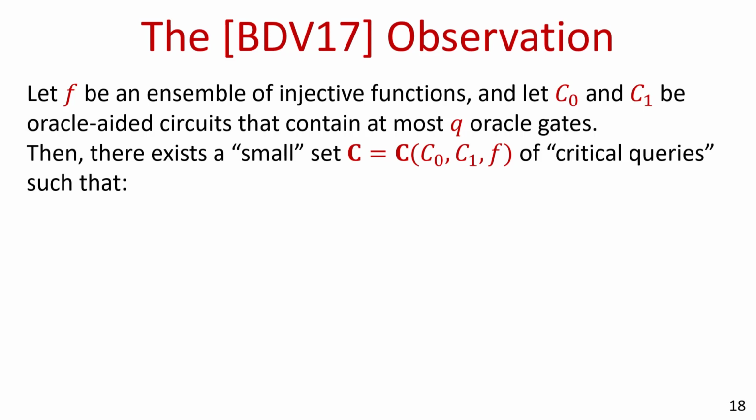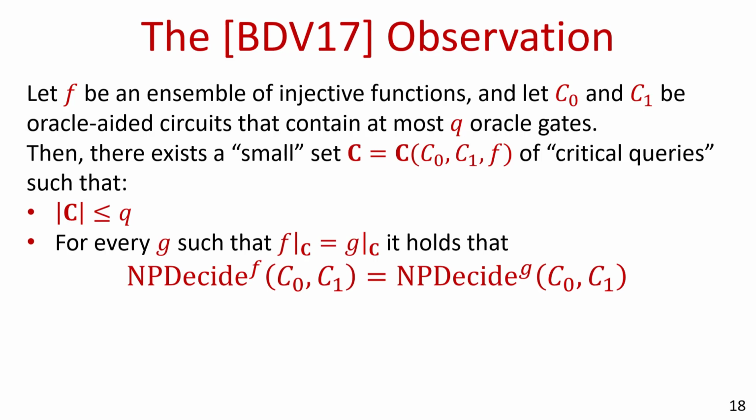Then, there exists a small set C of critical queries, where by small we mean that its size is at most Q, and by critical we mean that for every ensemble G of injective functions that agrees with f on the queries in C, the answer of NP-decide on input C0, C1 relative to f and relative to G is the same.